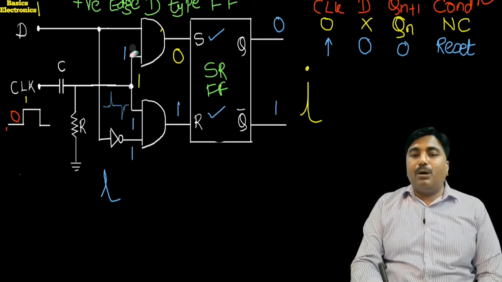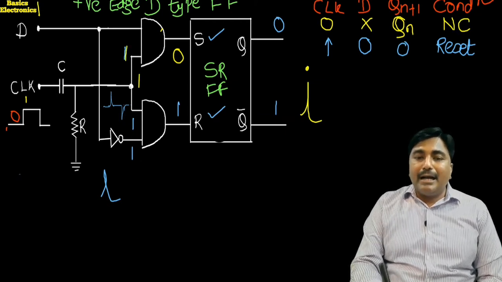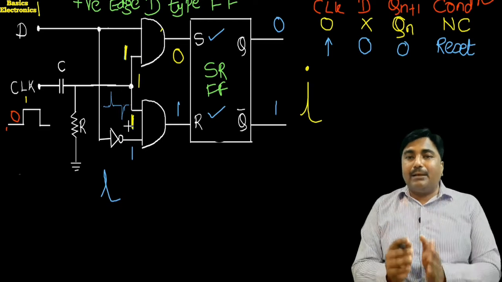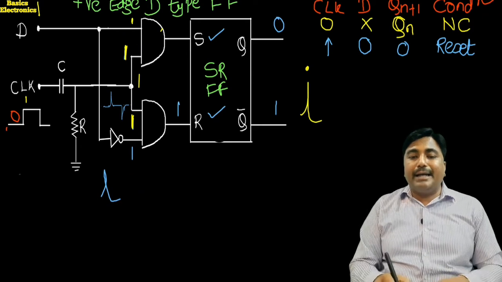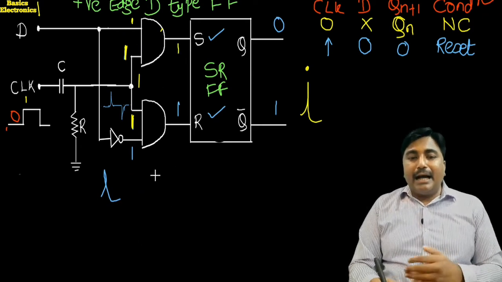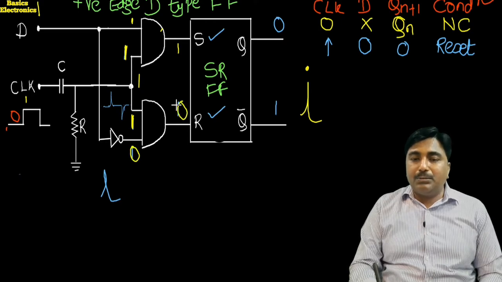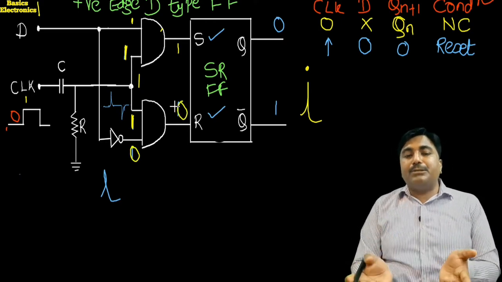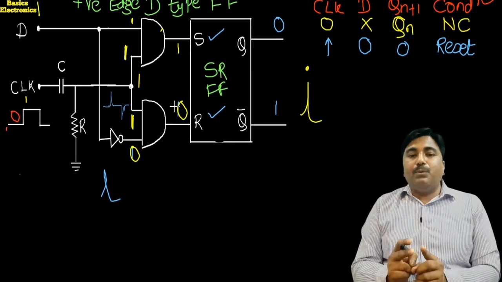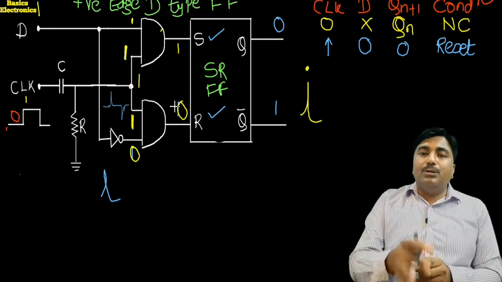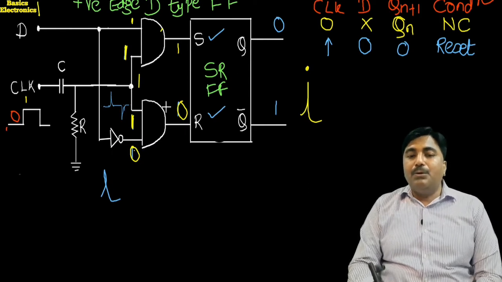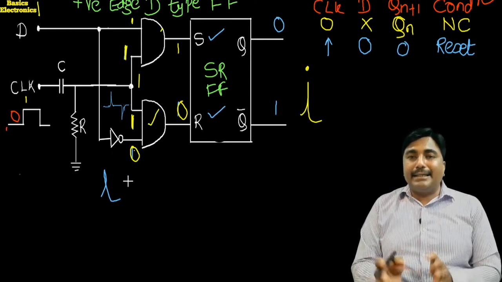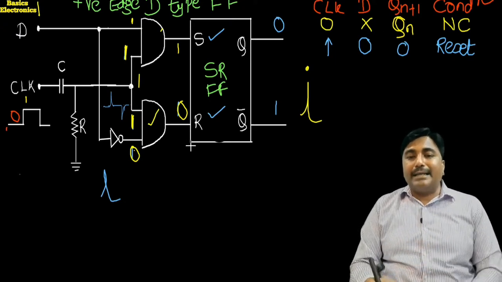It means one input of the upper gate is equal to 1 and one input of the lower gate is equal to 1. D is equal to 1, so the output of the upper gate is equal to 1 and the output of the lower gate is equal to 0. Why is the output of the lower AND gate equal to 0? Because the D input is applied inverted to the lower gate. Because D is equal to 1, its inverse is equal to 0, which means one input of this lower AND gate is equal to 0. So its output R is equal to 0.